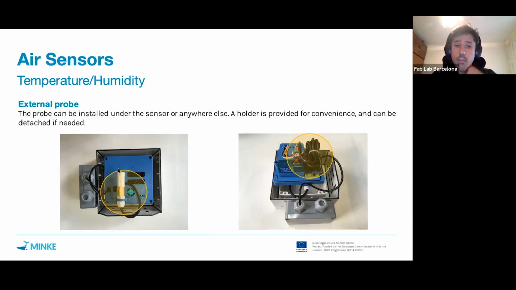We also think that that place is convenient because the sensor will not be affected by sun radiation, especially if you have shadows or other buildings that are, for instance, covering the sensors.